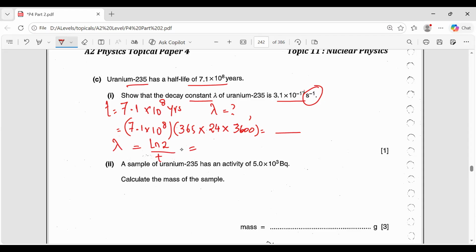When you plug in all the values, natural log of 2, like 0.693, divided by 7.1 into 10 power 8 into 365 into 24 into 3600, what value is revealed for lambda? It will probably come as 3.1 into 10 power minus 17 per second.